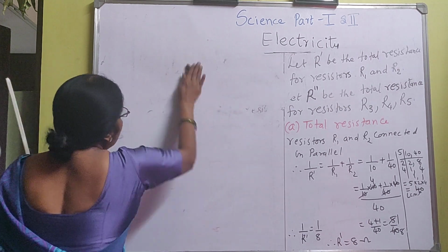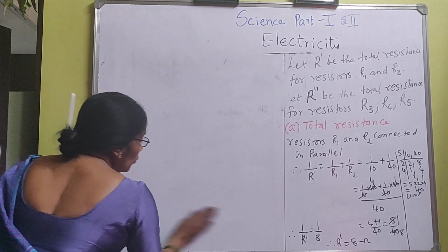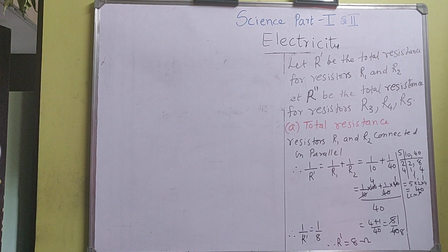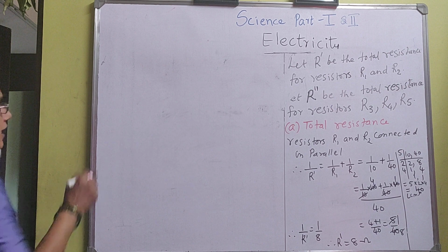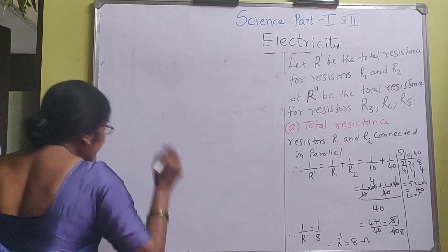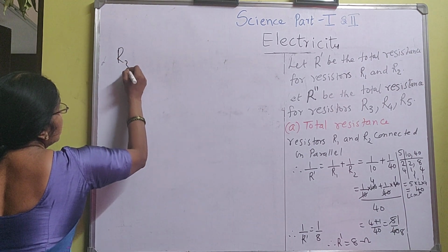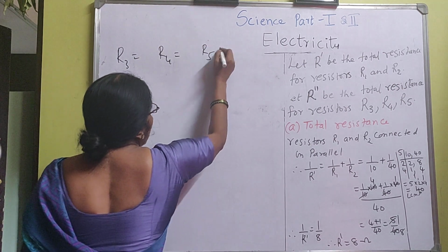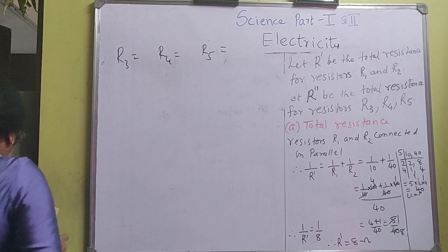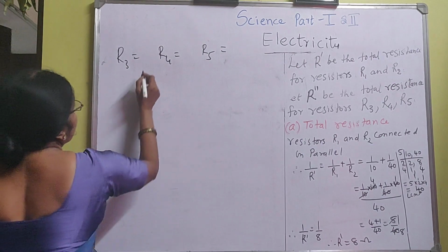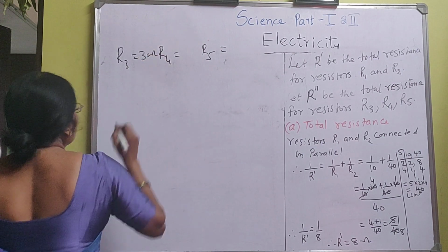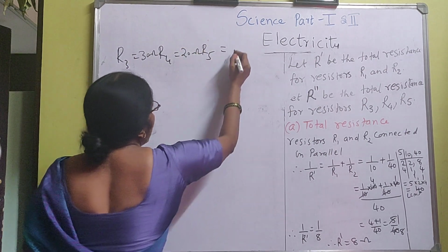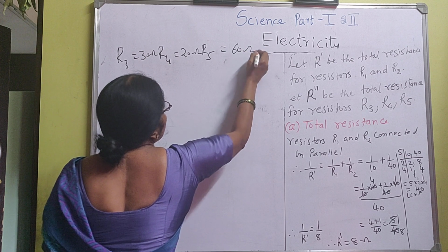So let us see how to calculate. I told you that R3, R4 and R5 are connected in parallel. R3 is given as 30 ohms, R4 is given as 20 ohms and R5 is given as 60 ohms.